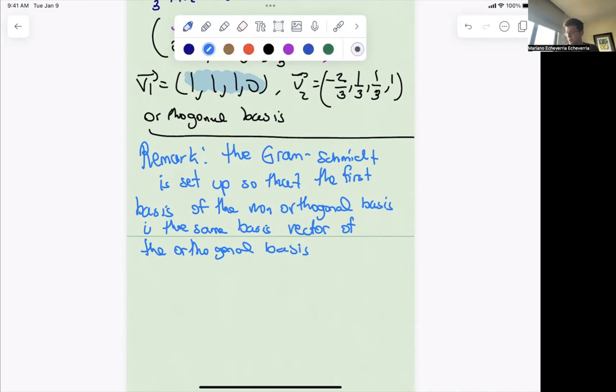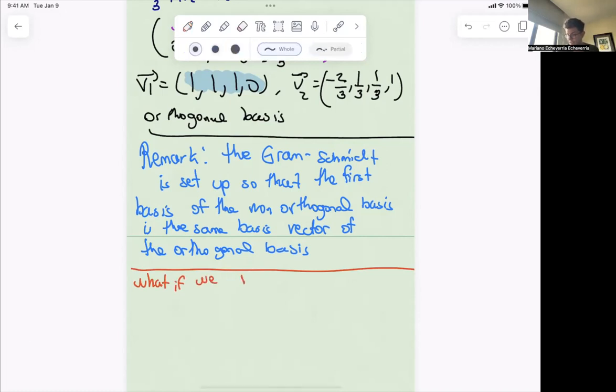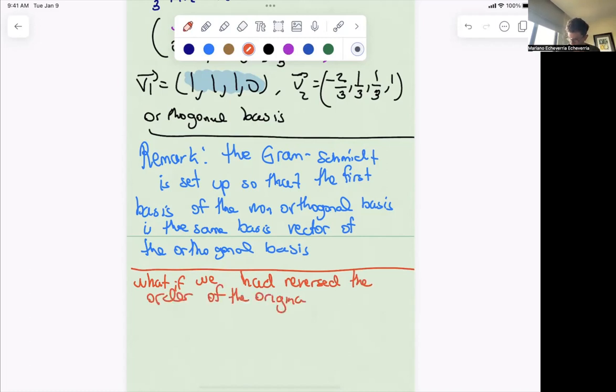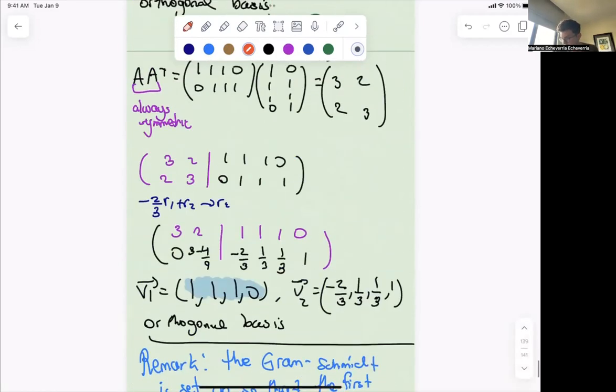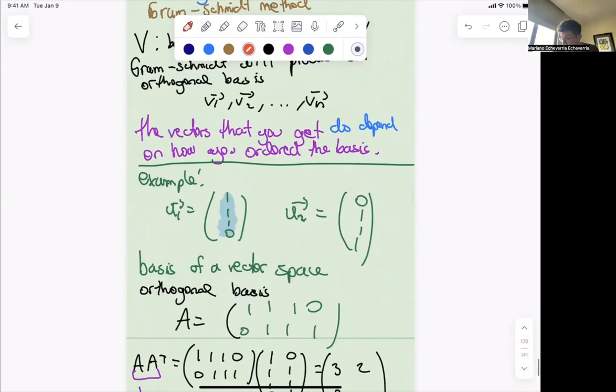And then just to compare this, what if we had chosen the opposite order for the basis? What if we had used the basis in a different order, if we had reversed the order of the original basis? So imagine it's going to be these exact same two vectors, but I'm going to change their order.